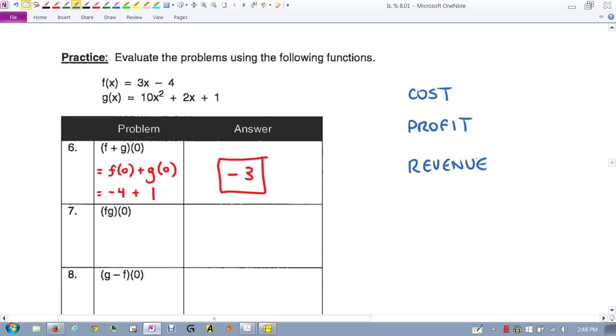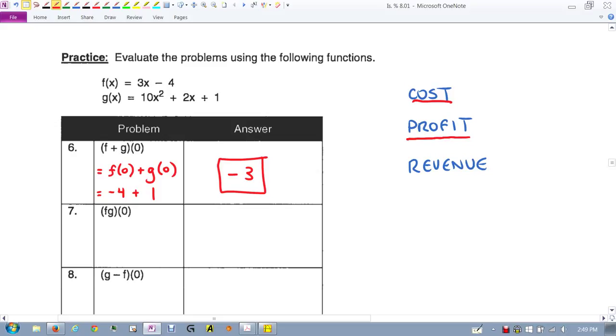Do y'all know the connection between these? Does anyone have any business background at all? Okay, so revenue is basically what you're taking to the bank, right? At the end of it all, you have profit, money coming in, cost, money going out.